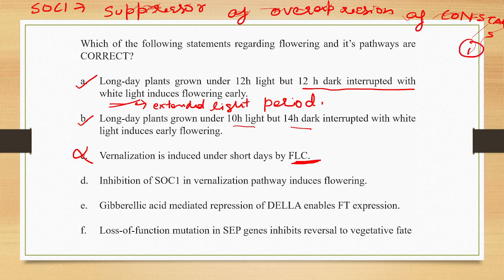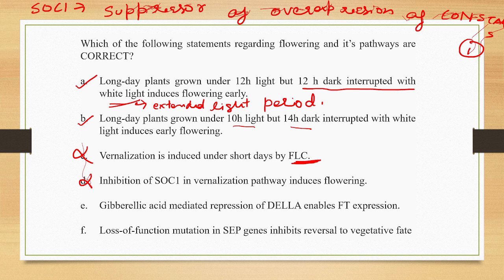So inhibition of SOC1 in vernalization pathway induces flowering. This is again an incorrect statement. I don't know what happened to the settings. Okay. Why? Because SOC1 is a gene that promotes the flowering process. So, inhibition of SOC1 would delay the flowering process. It will not induce the flowering process. Okay. So, this is again wrong.